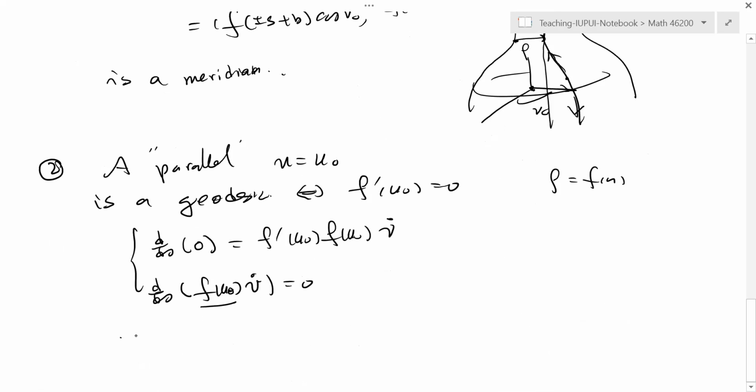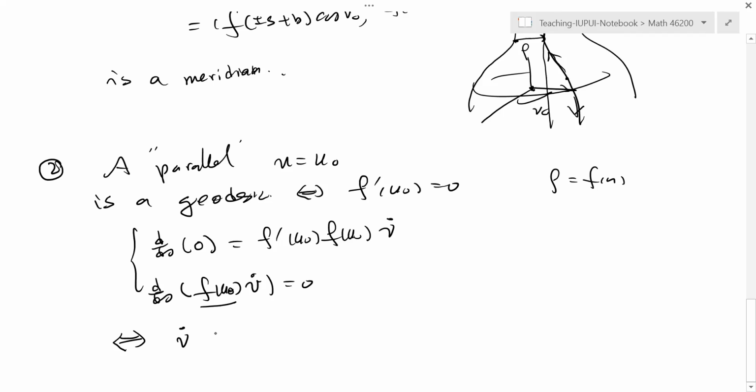So this implies v dot is going to be... From the second equation, I'm trying to find the general case.